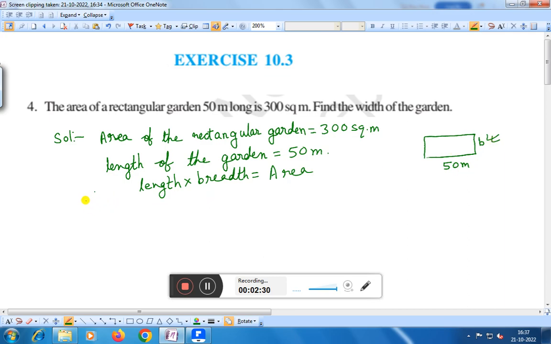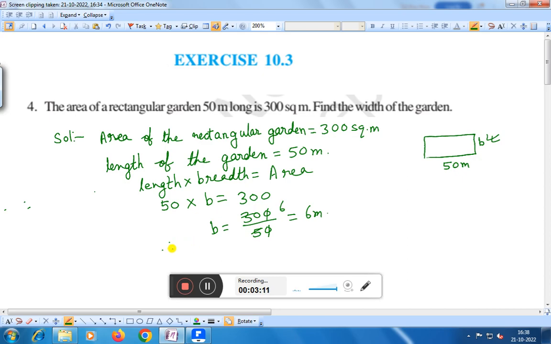Therefore length is 50 meter, and let us take breadth as b. So 50 into b, and what is the area? It is 300 square meter. Therefore we are getting b is equal to 300 by 50. 0 0 will cut, and 5 6 are 30, that is 6 meter. Therefore the width of the garden is 6 meter.